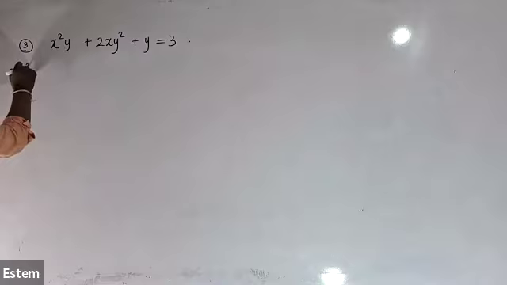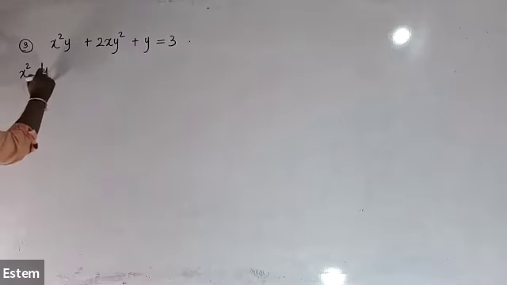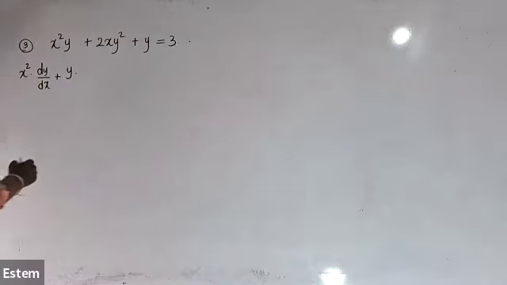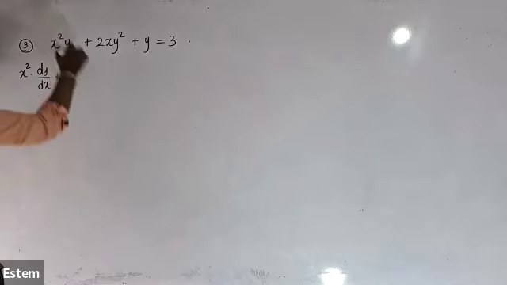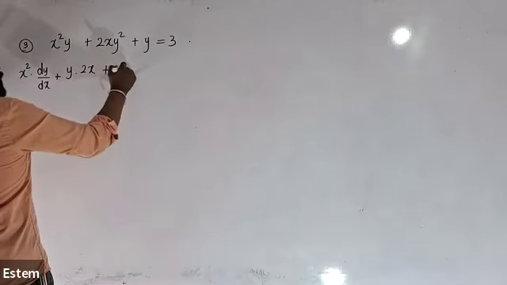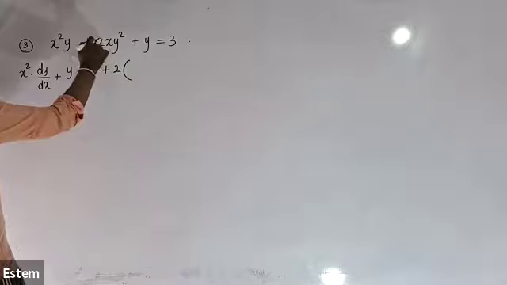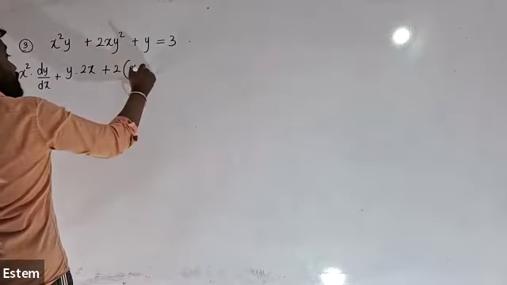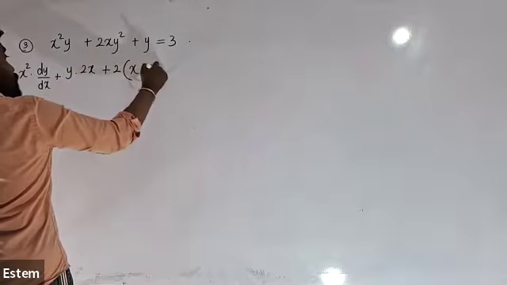Pick x squared, differentiate y, dy over dx. And pick y, differentiate x squared, it is 2x. Please keep out 2. And pick x, and the differentiation of y squared is 2y.